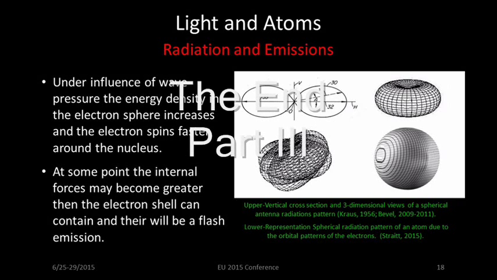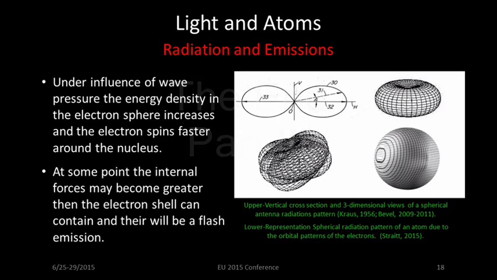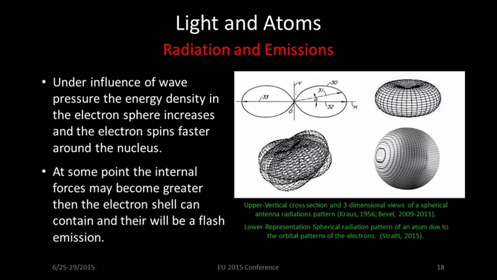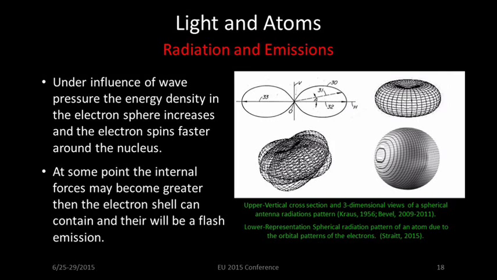In the picture on this slide, we see at the top a cross-section of the antenna radiation pattern of a cross-spherical antenna. To the right of it, we see the three-dimensional representation of the radiation pattern, which appears donut-shaped. An atom, acting like a cross-spherical antenna, would also have a donut-shaped radiation pattern.